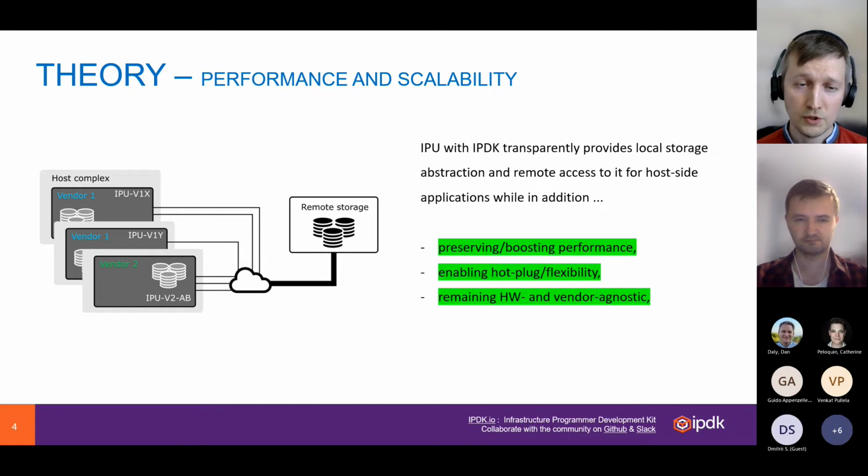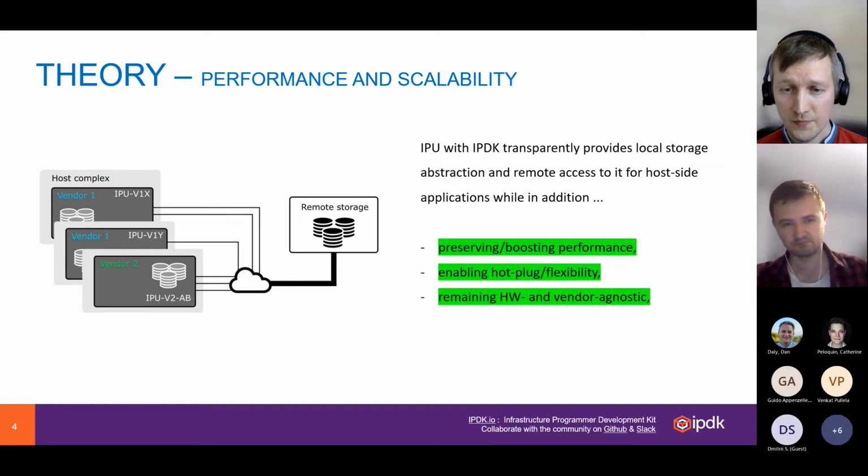Also, we do want to have hot-plug possibility of storage devices. This is indicated in these graphics with a different number of lines going into the cloud from the different systems. So we dynamically want to say, give me another storage device here, give me another storage device there.